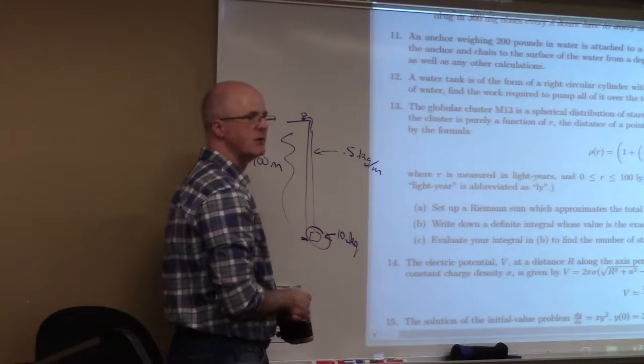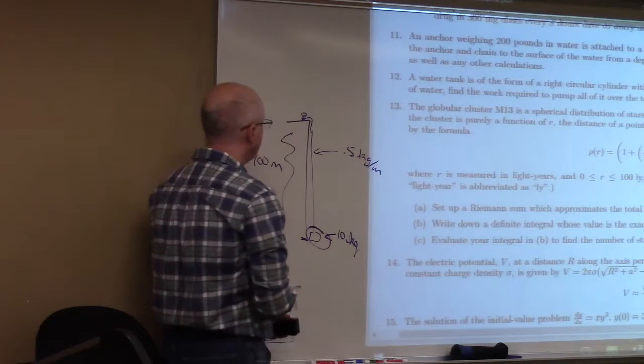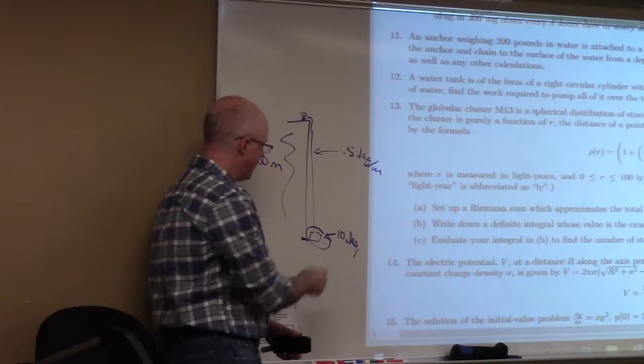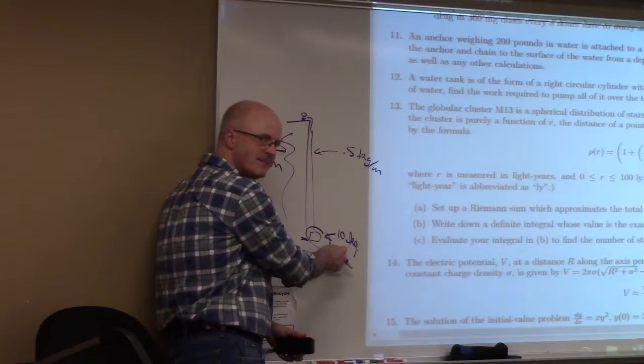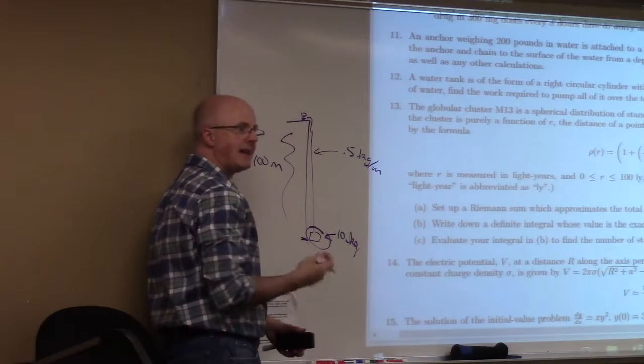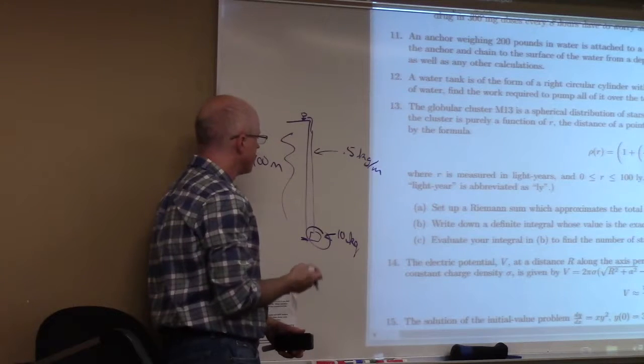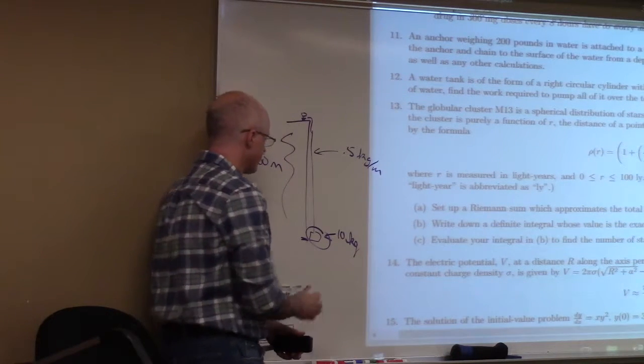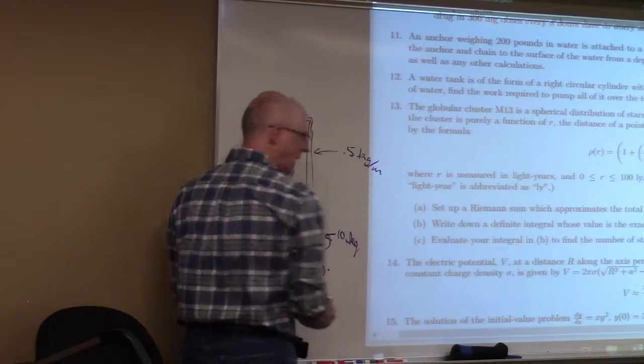What's the force? You're doing work against gravity. As far as the mass at the bottom goes, it's got to go the full 100 meters, and it stays the constant mass. In that situation, the work done is just the force times the distance. The mass is 10 kilograms.